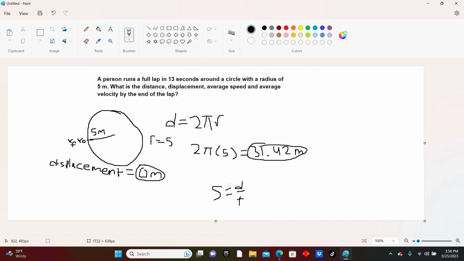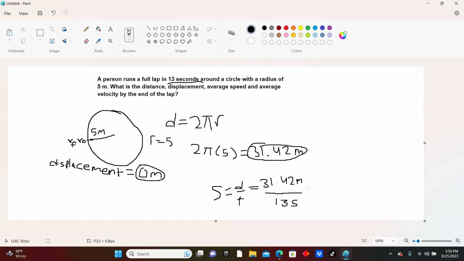We determined that our distance is 31.42 meters, and our time, it says right here, is 13 seconds. So our speed is equal to 31.42 meters over 13 seconds.